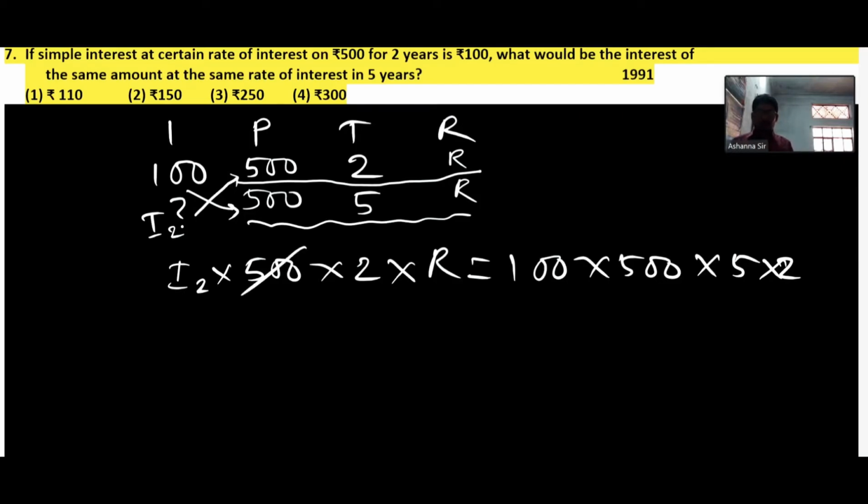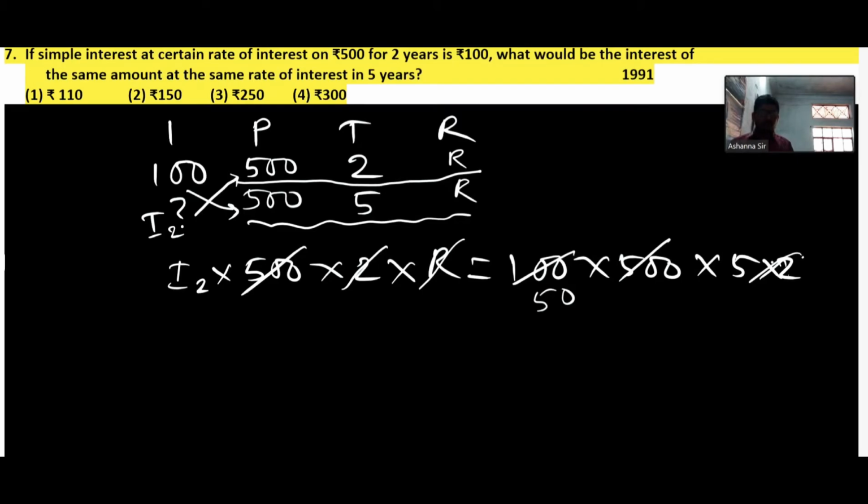This 500 cancels, 2 and 1, 250. Next R and R cancel.